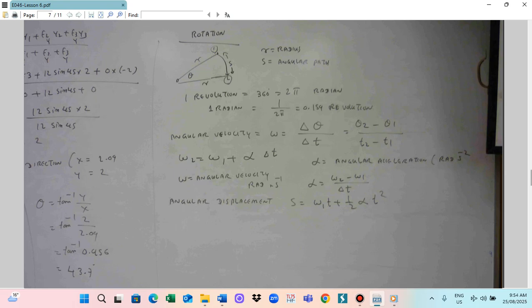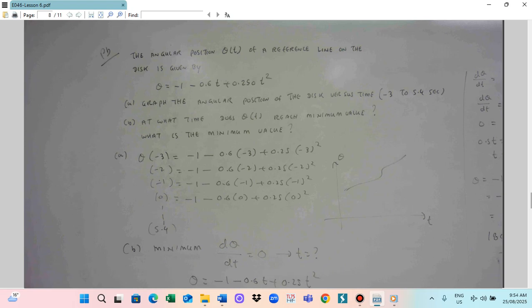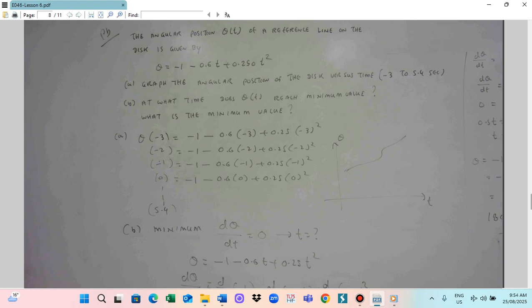The motion along the reference line is given by this equation: theta is equal to minus 1 minus 0.6 t plus 0.25 t squared. So we have to graph the angular position of the disk versus time, from minus 3 to 5.4 seconds.